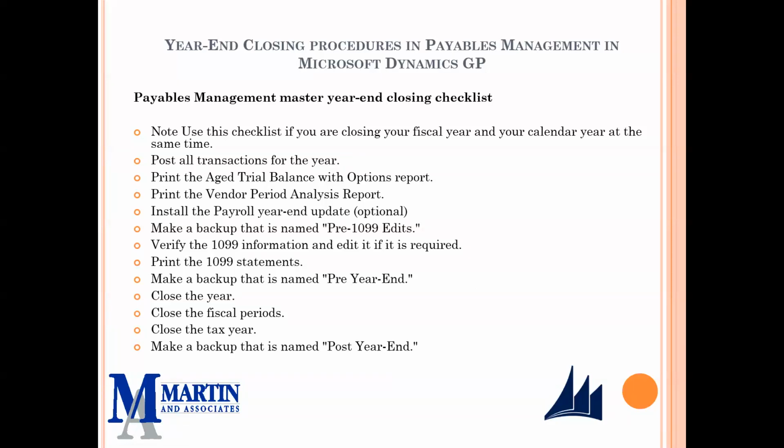Maybe earlier in the year they were marked incorrectly, either as 1099 or not 1099, and so the information is incorrect. You can edit that information if you need to. I'll show you that as well. You can print your 1099s as many times as you need to make sure they're all correct. And I'll show you that as well. And then you can close AP.